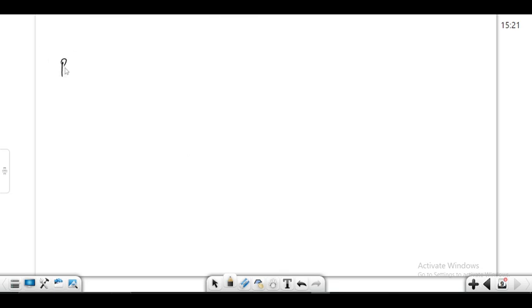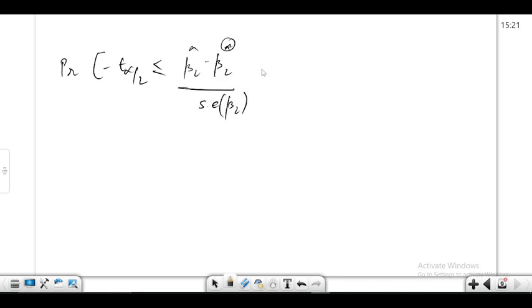So the probability that minus t alpha by 2 is less than beta 2 hat minus beta 2 star, so I've chosen the beta 2 star value, which is equal to the null hypothesis value, upon the standard error of beta 2, is less than t alpha by 2, which is equal to 1 minus alpha.